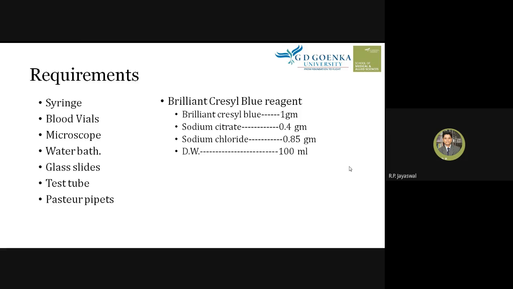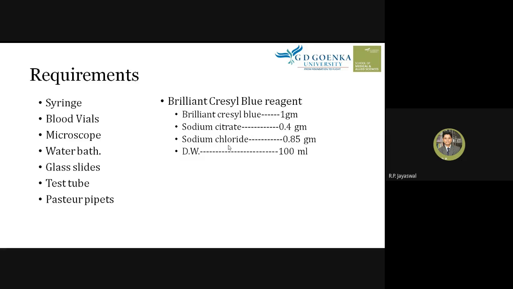Apart from brilliant cresyl blue, there are other components. We have to take 1 gram of brilliant cresyl blue, 0.4 gram of sodium citrate, and 0.85 gram of sodium chloride. These solutes you have to dissolve in 100 ml of distilled water.